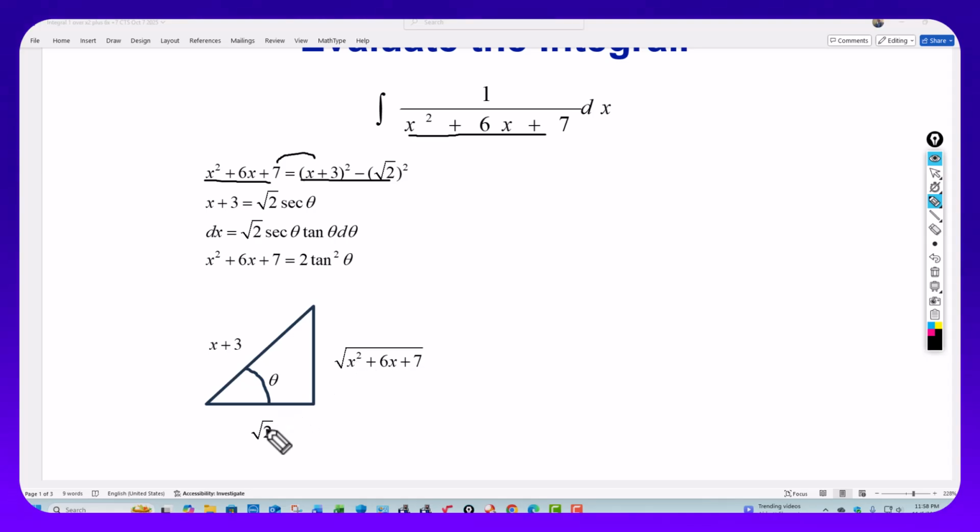Cotangent is adjacent, in this case square root of 2, over the opposite. Tangent is just the opposite of that: opposite over adjacent.